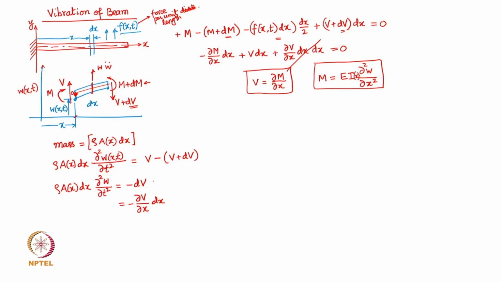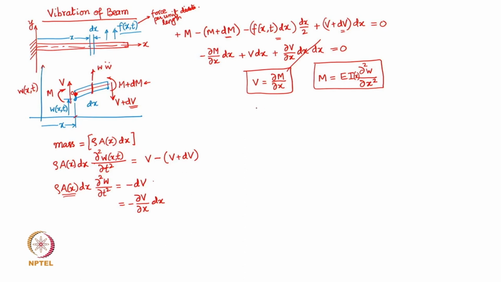That means the cross-sectional dimensions, as we have assumed, vary with x, so I should also be a function of x. Assuming the mass properties like the density and Young's modulus are constant throughout for the same material, we may write M is equal to E Ix dou 2w by dou x square.